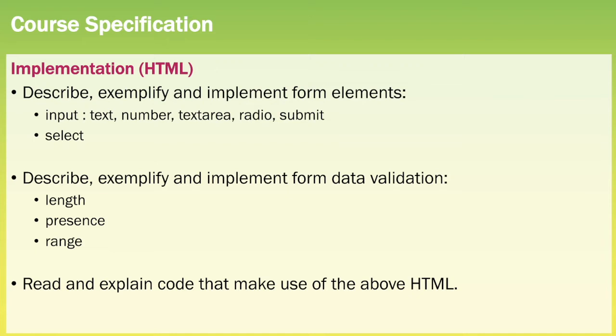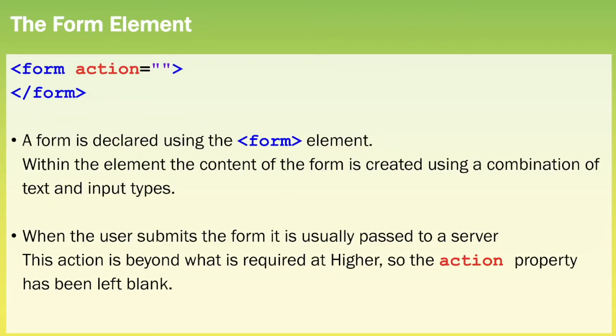and range. All aspects of a form go inside a form element, and this is used in the form tag. When the user submits a form, the content of the form is usually passed to a server for processing. This is what we go within the action portion of the form tag.